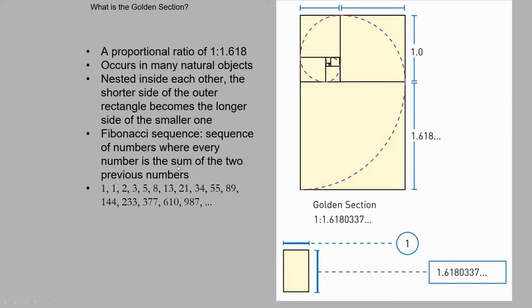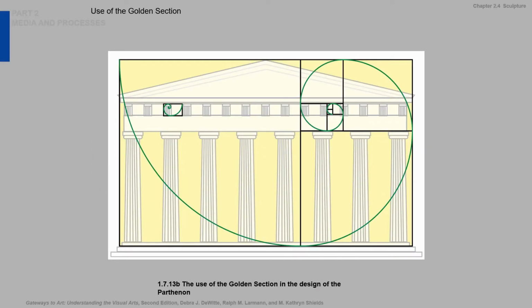It is based on a mathematical sequence called the Fibonacci sequence, where basically every number is the sum of the two previous numbers. So 1 and 1 is 2, 2 and 1 is 3, 3 and 2 is 5. And so it's basically the physical manifestation of that mathematical formula. But for the Greeks, it equaled perfection.